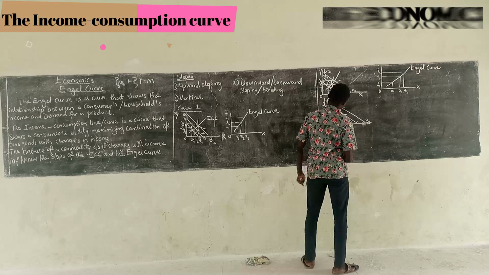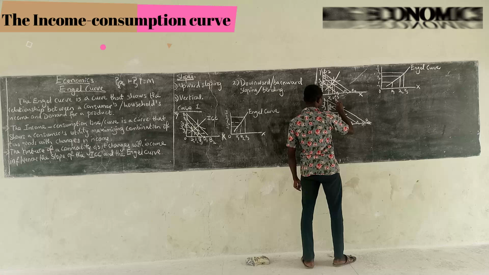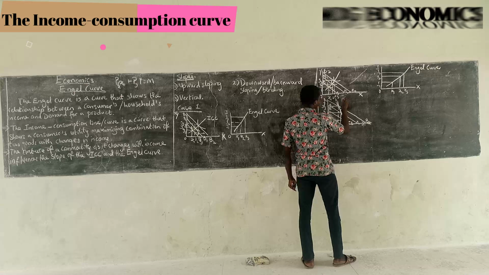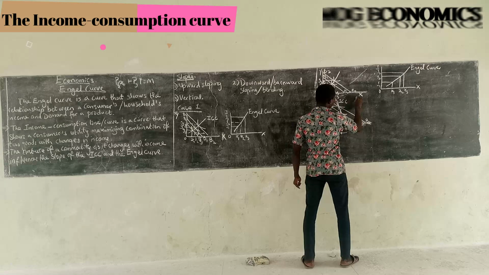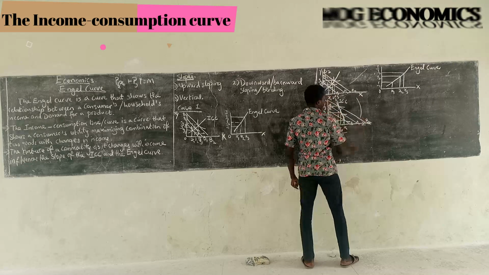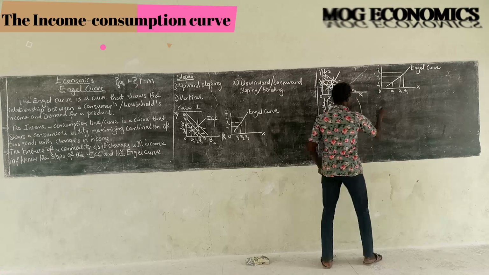Okay. So this is the income consumption line. Something like this. You can see that it's kind of backward bending.